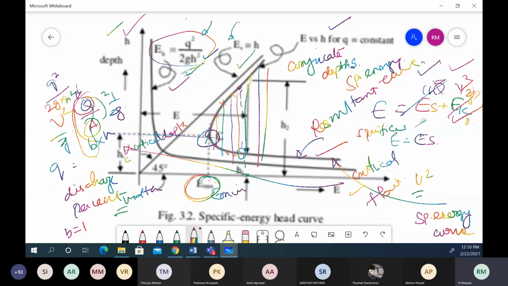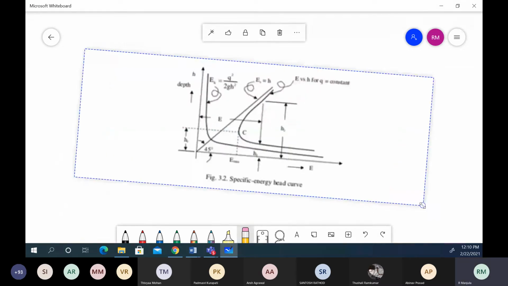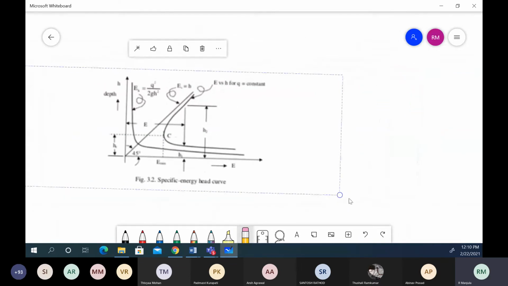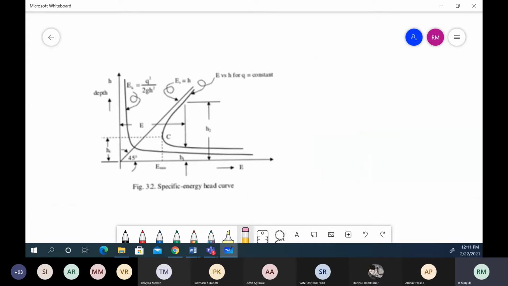Okay, now as I told you, the critical depth. Now, what is critical depth and critical flow?